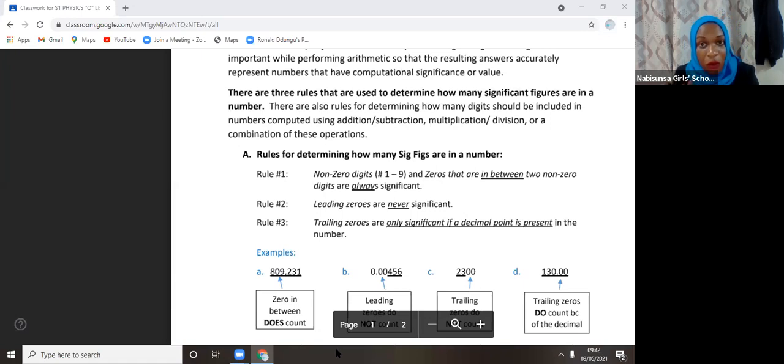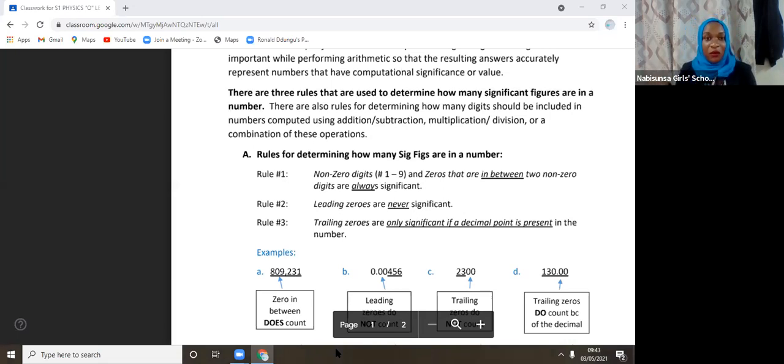We are going to count all those 3 zeros as significant figures because there is a decimal point. So example D has 1, 2, 3, 4, 5 significant figures.